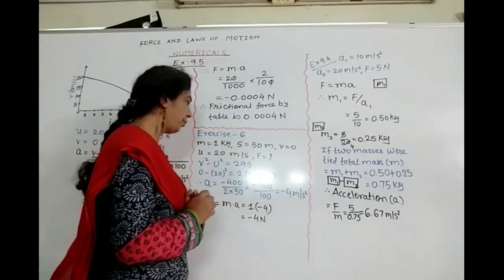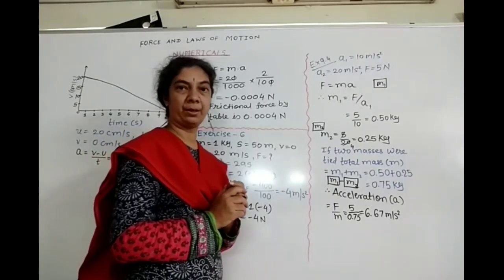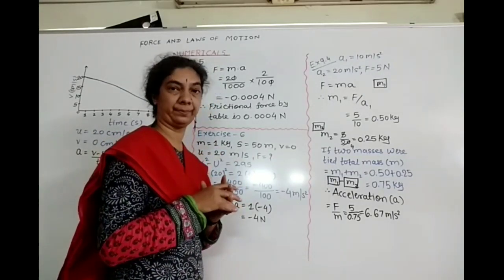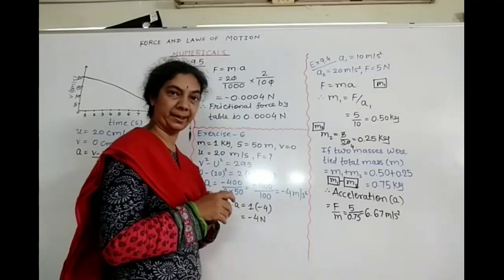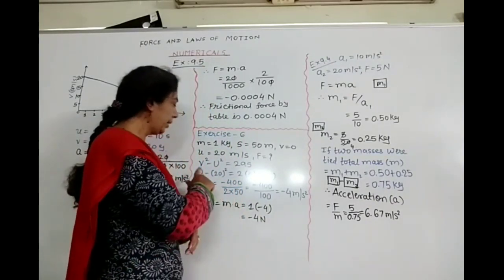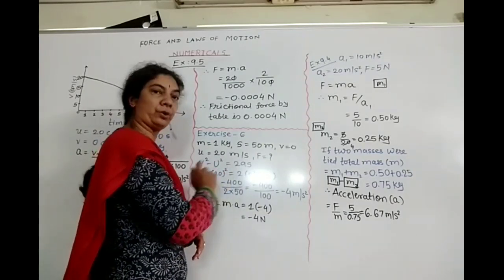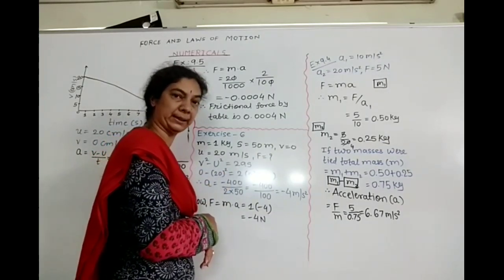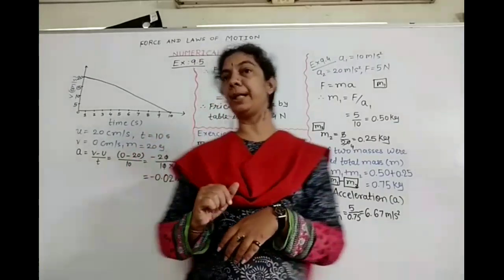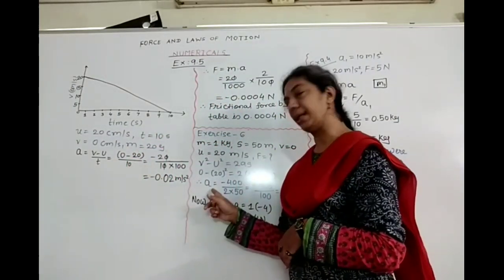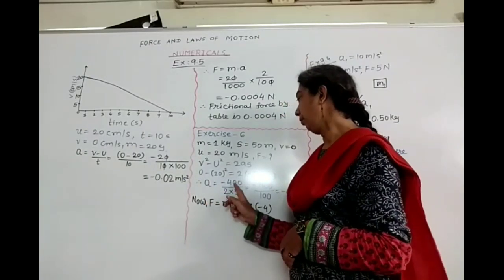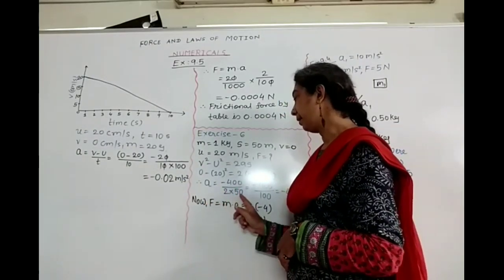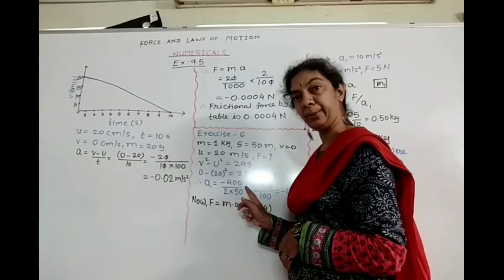Just like this numerical, the change is we have been given distance, and from that we have to find out the acceleration. So we have the formula v square minus u square equals 2as, and from that formula, if we make a the subject, we are getting 400 divided by 100, it is negative.